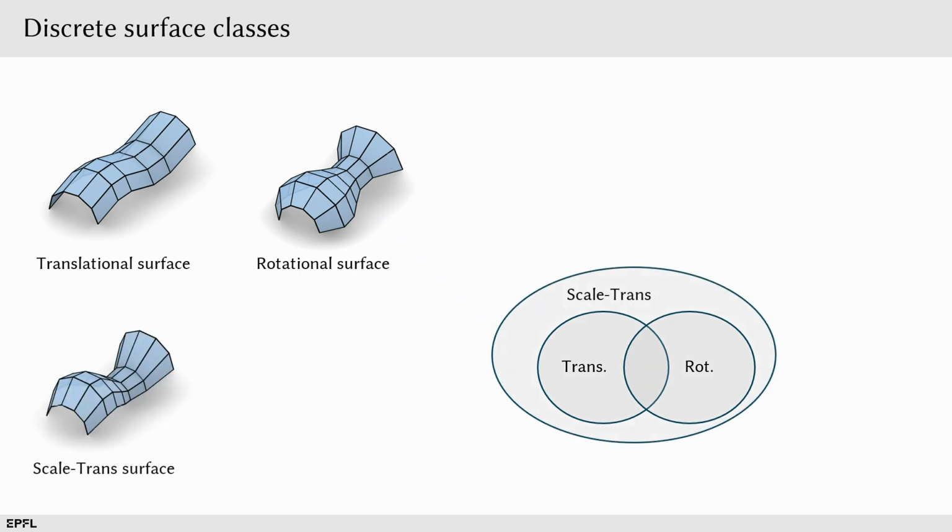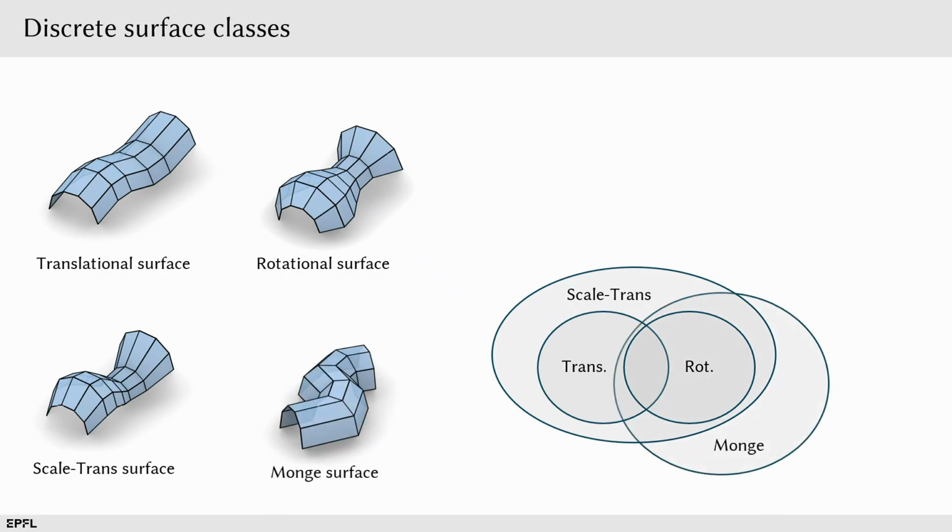Both these classes are proper subsets of scaled translational surfaces, with rotational surfaces that are also a proper subset of Monge surfaces. We have just seen how they correspond to a rotation minimizing sweep, so Monge, of a planar curve along a circular arc.